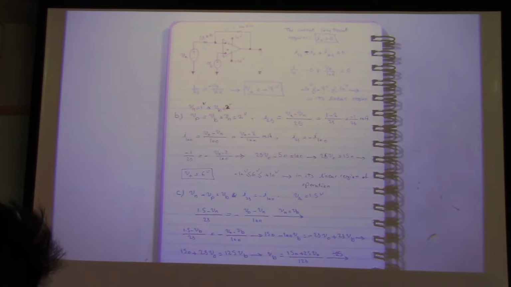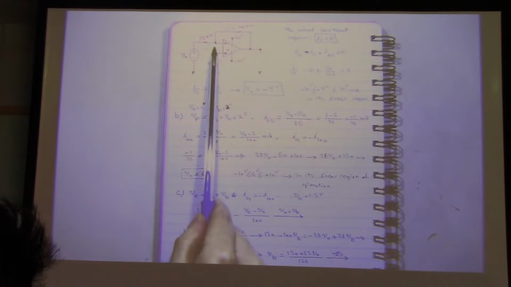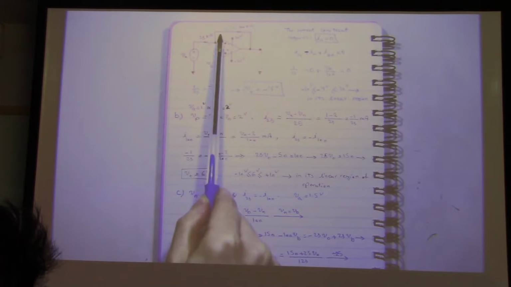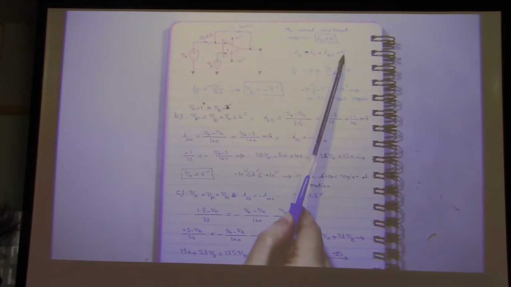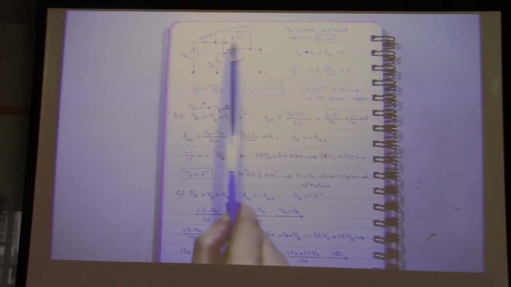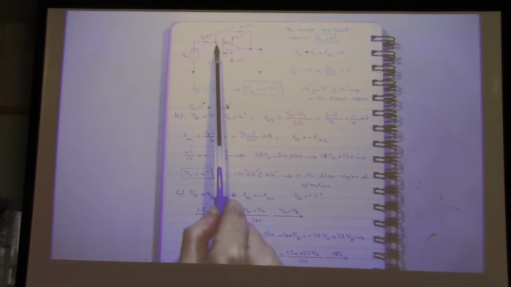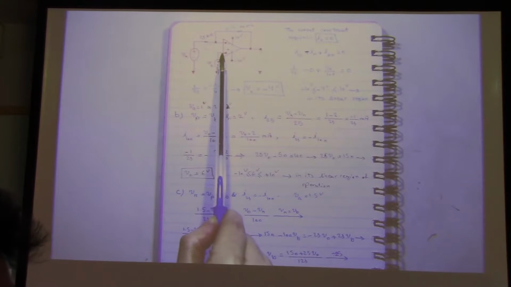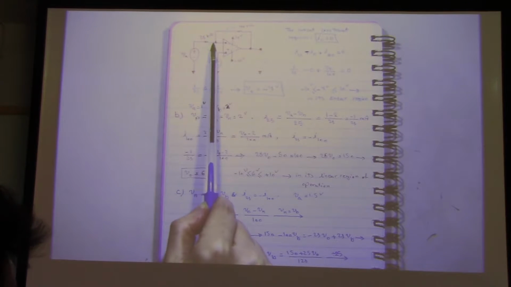Okay, one more time. You just write node voltage for this node. This one is I25 plus I100 minus IN is equal to 0. How do you calculate I25? VA minus VN. Because VB is 0, it means VP is 0. VP is 0 means VN is 0.